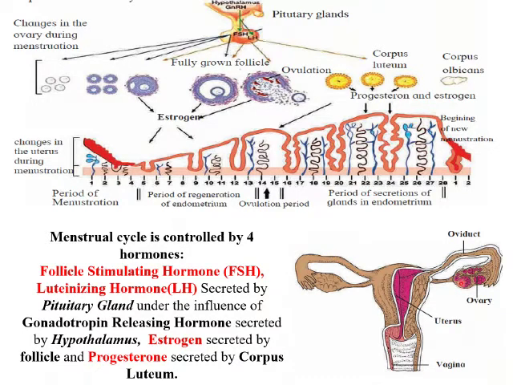Now this developing follicle also secretes another hormone, that is estrogen. It's read here, estrogen secreted by follicle. This estrogen secretion is followed by the formation of the endometrium, that is the innermost lining of the uterus.